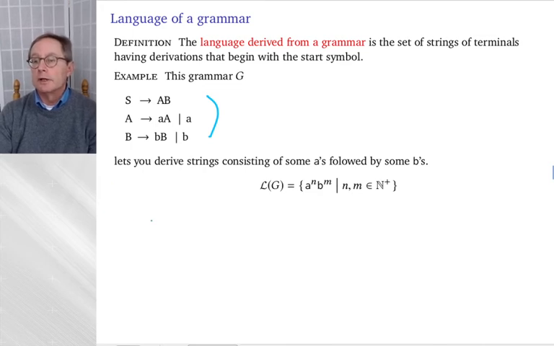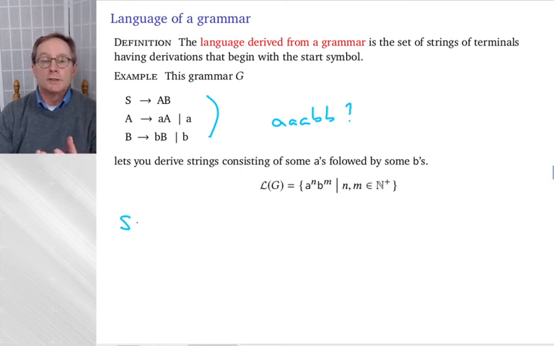Let's see if we can derive a string that I intend to derive. It is going to be a, b, b. So let's see how I do. The start symbol, in the convention that we've adopted, is always the head, the thing before the arrow, of the very first rule. Remember, derivation, double line arrow.